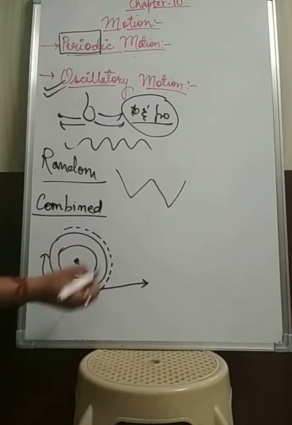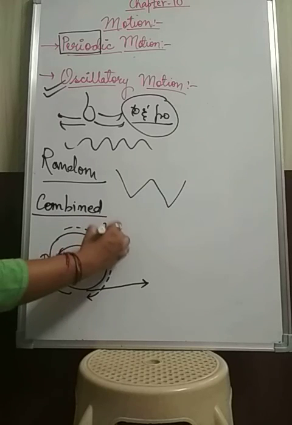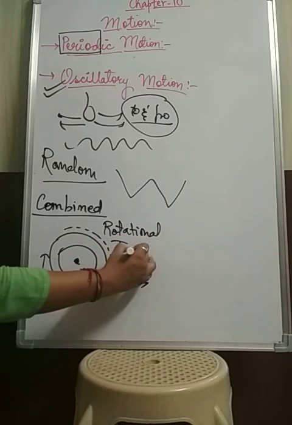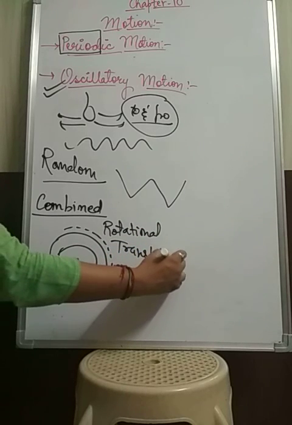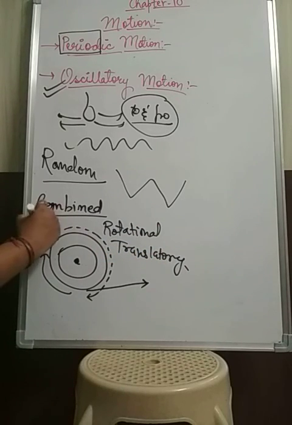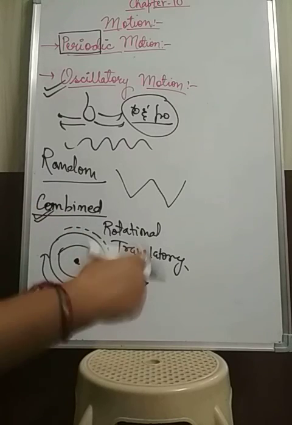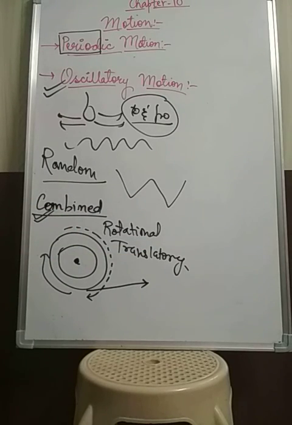So the wheels of the car exhibit two types of motion, that is rotational and translatory. Okay, so that type of motion is known as combined motion. Another example is when you roll a coin on the floor, it will rotate as well as move forward. That means translatory and rotational motion.